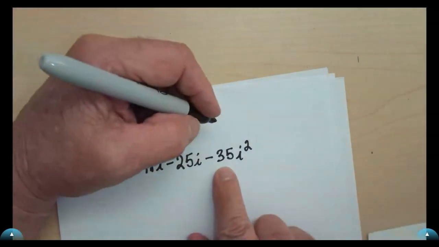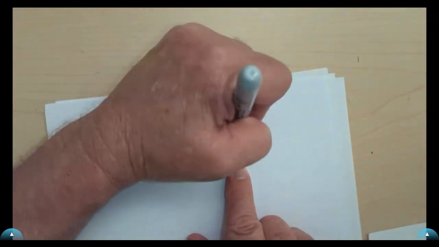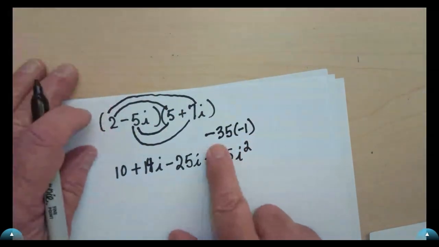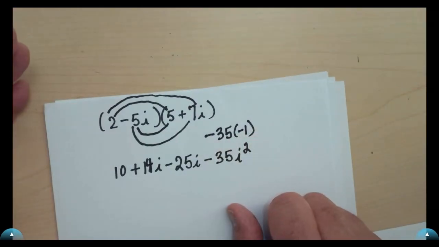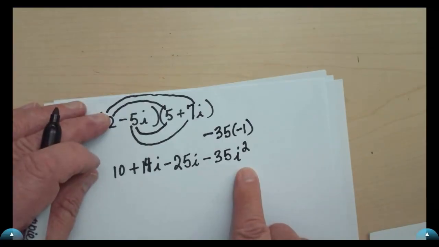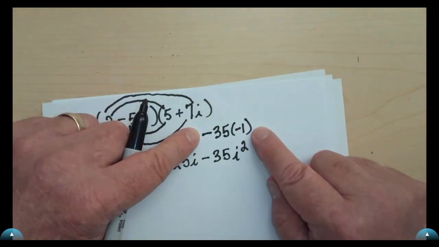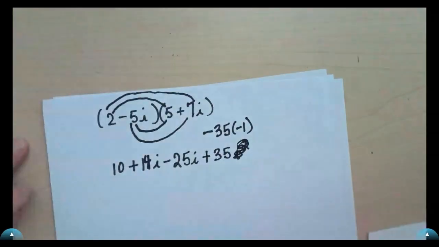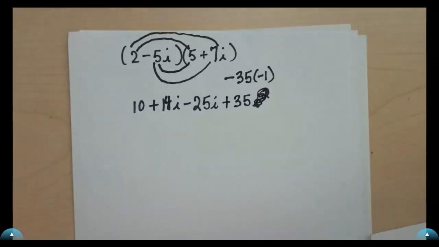So this last term, negative 35i squared, is really negative 35 times negative 1. Do you agree that negative 35 times negative 1 is just positive 35? Now, if you didn't get that answer, do you see why what Richard said is correct?